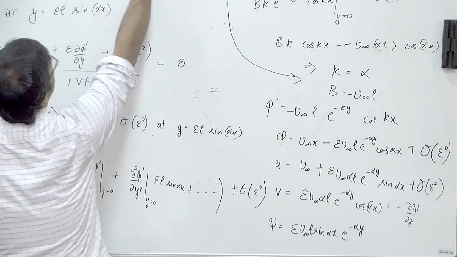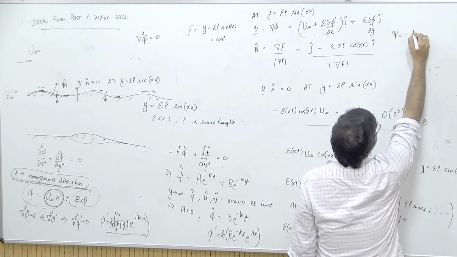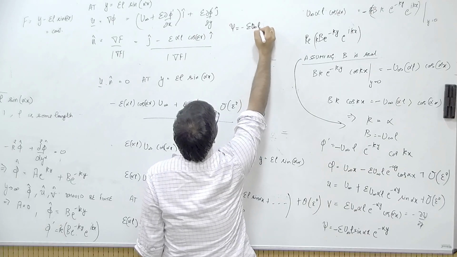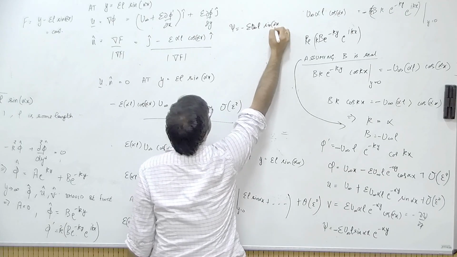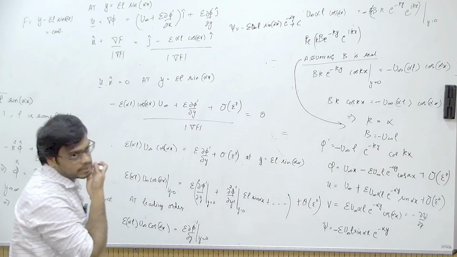So if you have v as that, your stream function, there will be a minus sign. So minus epsilon u infinity l sine alpha x e to the power minus alpha y plus some arbitrary constant.